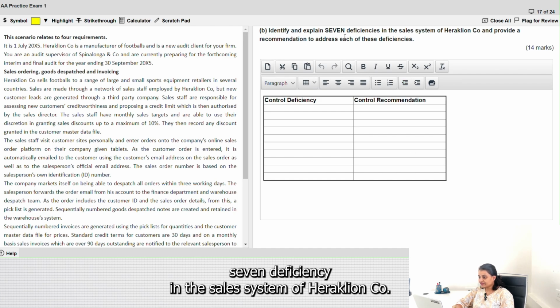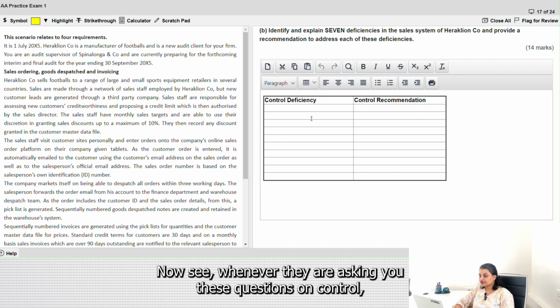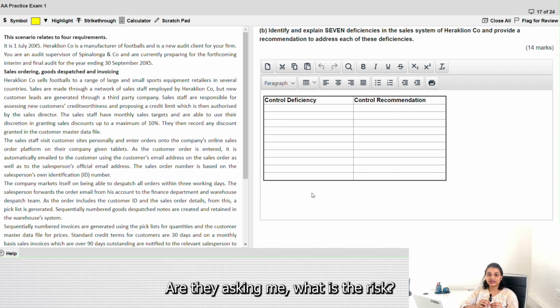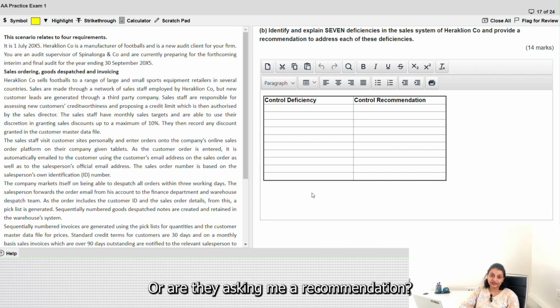Identify and explain 7 deficiencies in the sales system of Heraclin Co. and provide a recommendation to address each of these deficiencies. Now see, whenever they are asking you these questions on control, you have to remember, are they asking me what is the risk, are they asking me the deficiency, are they asking me what kind of control testing I need to do, or are they asking me for a recommendation.